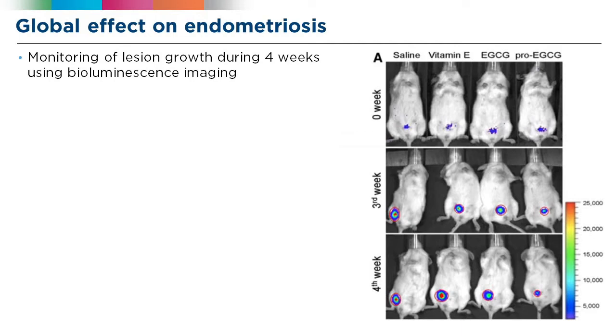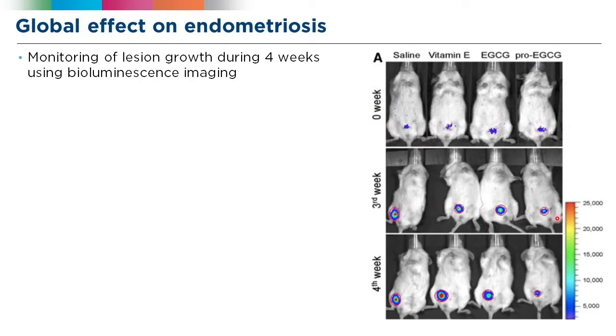So first, they used whole body bioluminescence imaging to monitor the growth of the lesion during 4 weeks on the same animal after applying different sorts of treatment. So what you see here is the baseline at the beginning of the treatment.